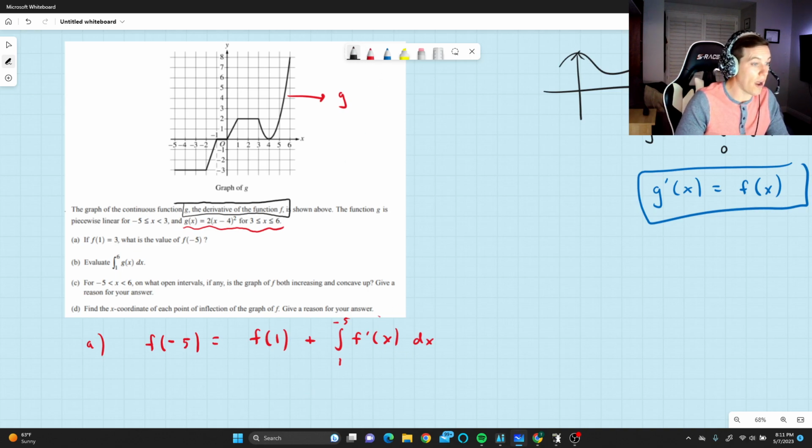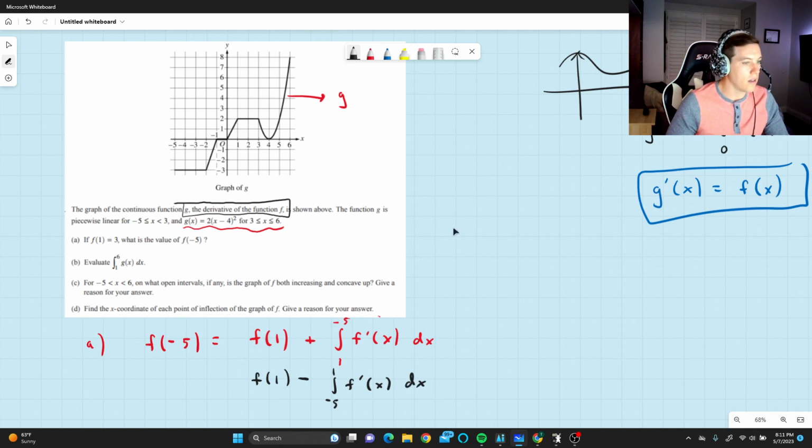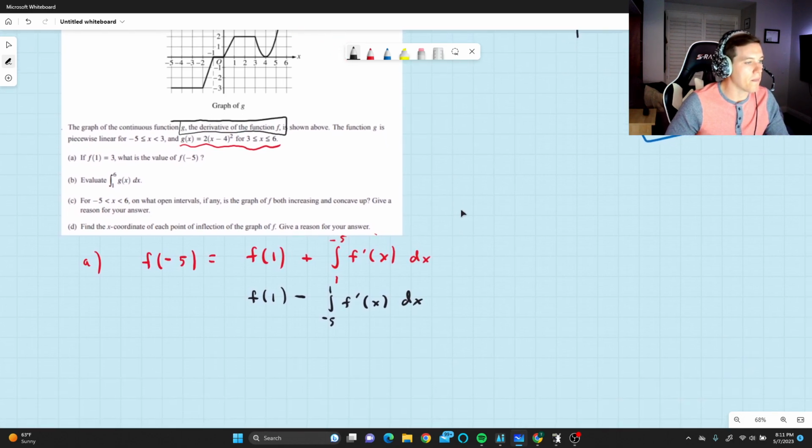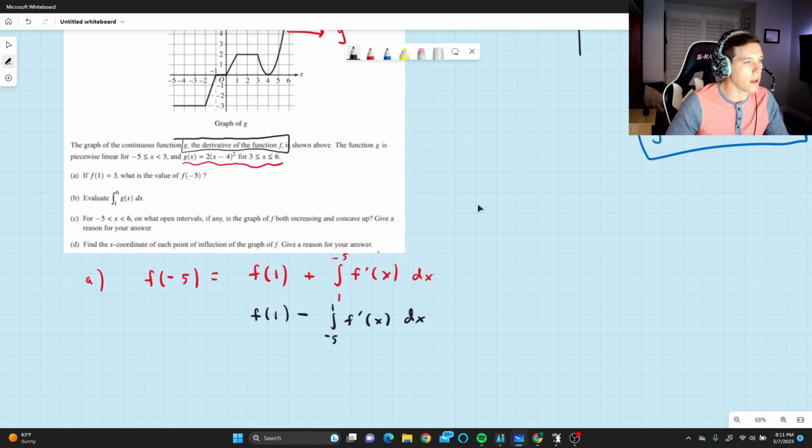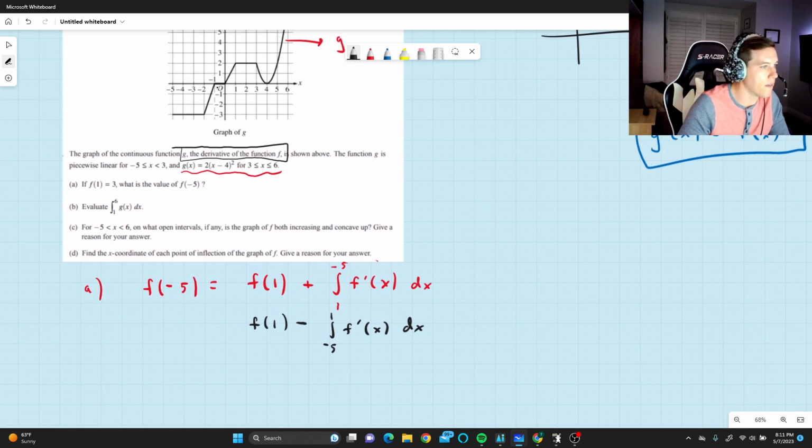Now, because this is graphical accumulation, if it's graphical or a table, you need to flip the bounds and make it negative so that you accumulate correctly. And then from here, now we find the area from negative 5 to 1, and we add it up. So negative 5 to 1, it looks like I would probably do it like this. Here's a rectangle, a square, well, with negative 9. Remember, it's negative area.